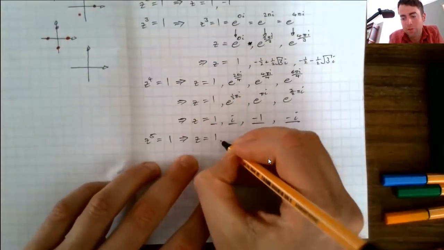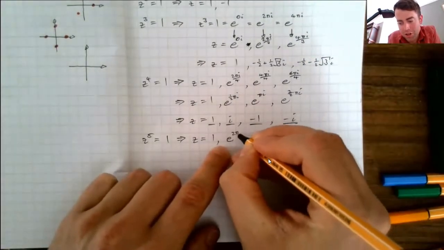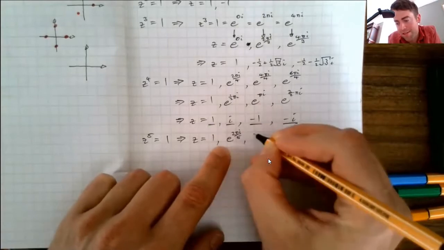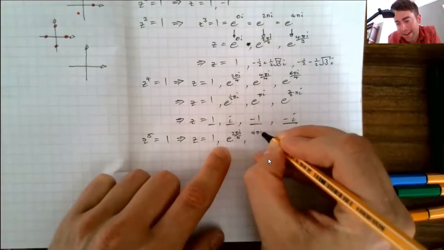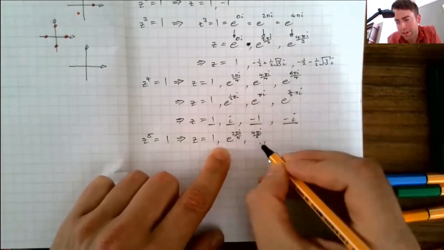So we'll end up with 1, as usual, 2 pi i over 5, 4 pi i over 5. Have I missed one? No.